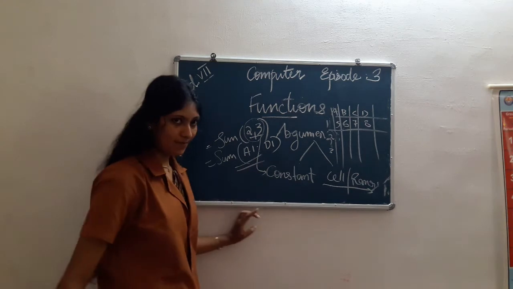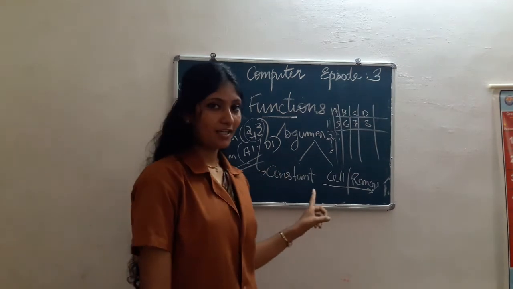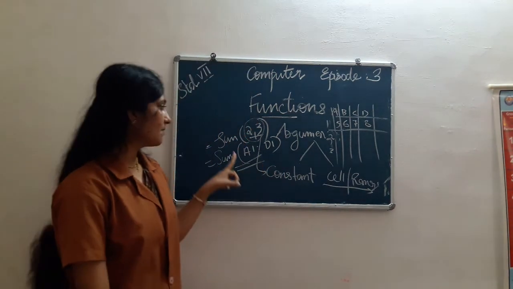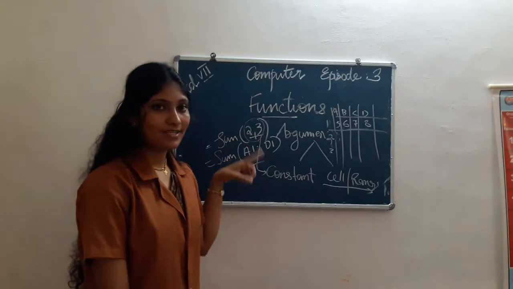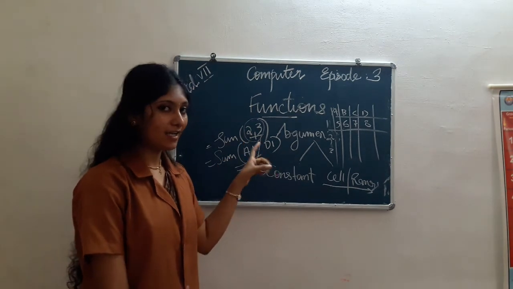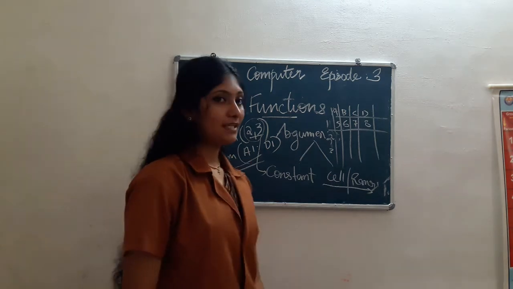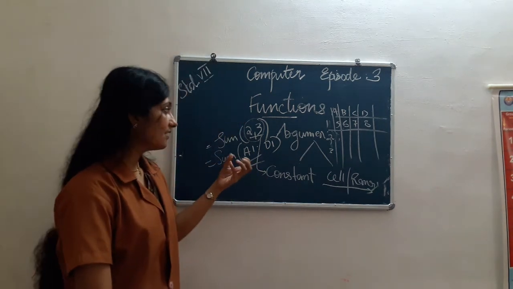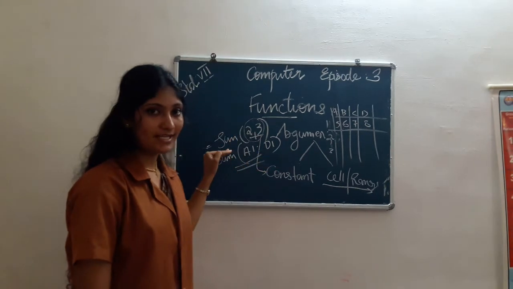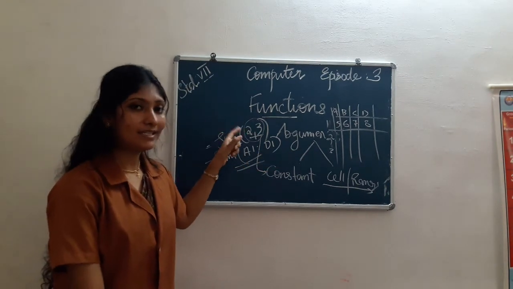So there are two types of arguments. The first type is constants, meaning the values that can be put inside the arguments, that is 2, 3. The second type is cell or range. We can put the range of cells instead of writing numbers.